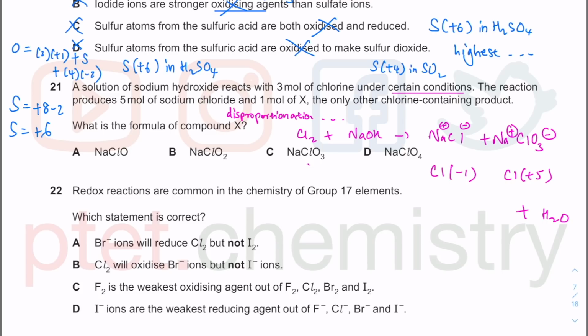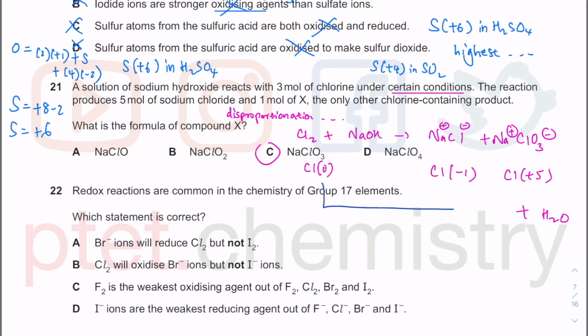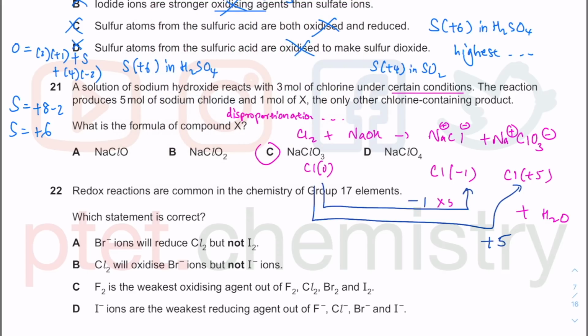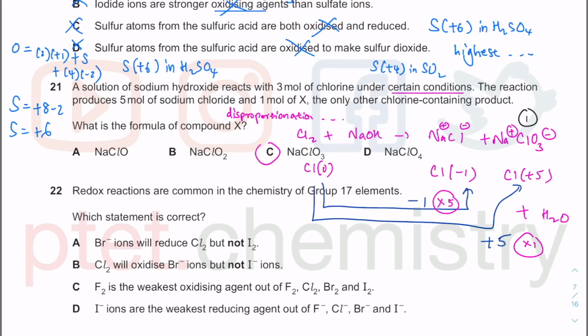But when we balance our equations, we know C is definitely our answer. Use changes in oxidation number to help balance the chemical equation. This is a -1, whereas the other one is a +5. Times 5 there, times 1 there. So that means we must have 1 of these, 5 of these, and 5 plus 1 sodium.